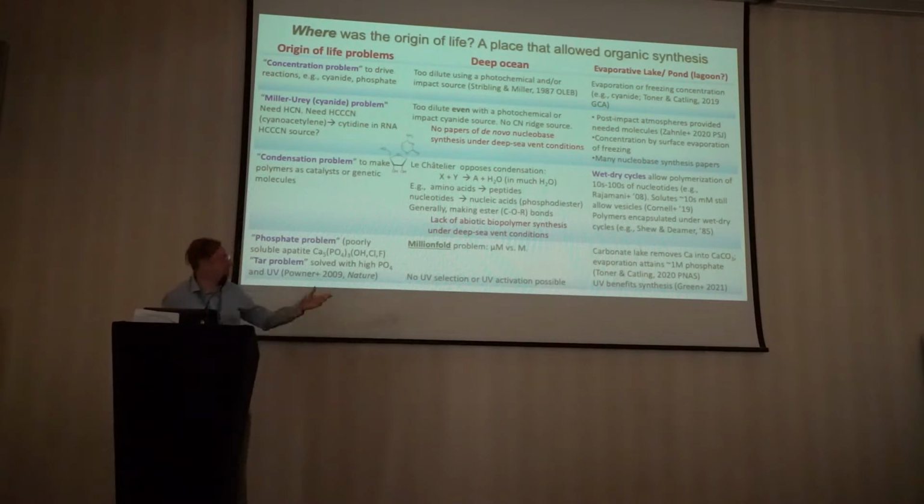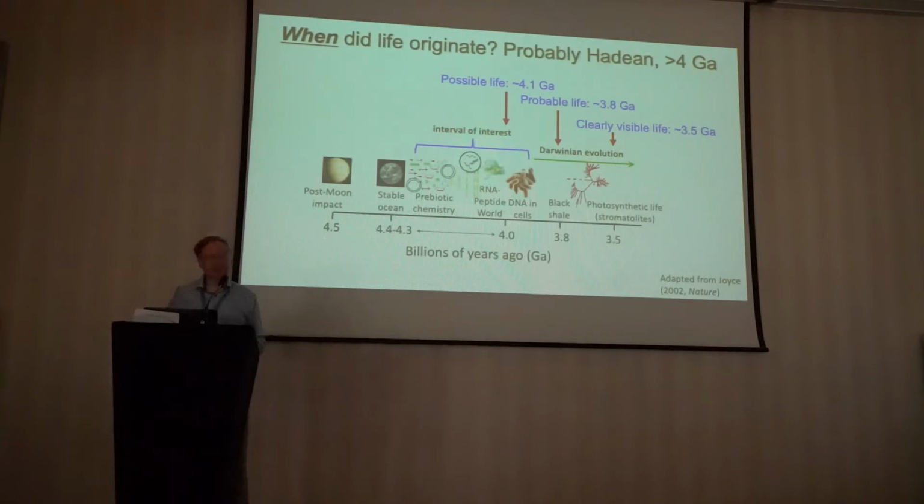But lake environments can solve this problem because they can concentrate phosphorus, because the calcium can get removed into other minerals and the phosphorus can accumulate. Surface environments also have UV, which can select certain molecules and can also activate reactions. Of course, that's not going to happen in the deep ocean.